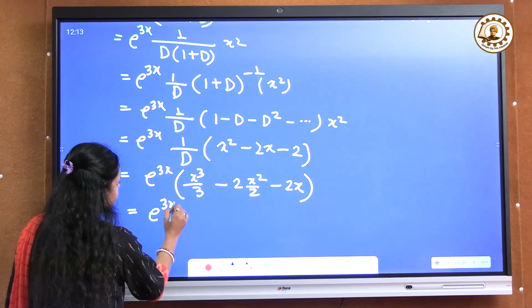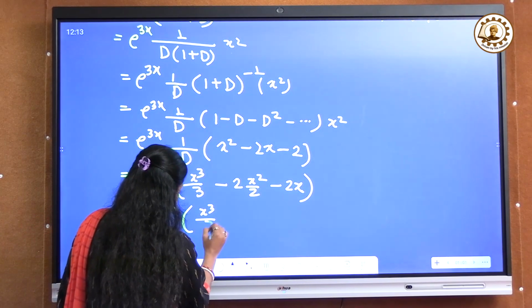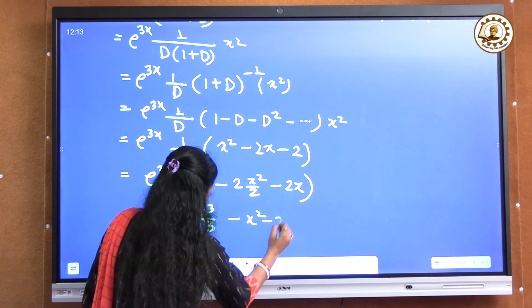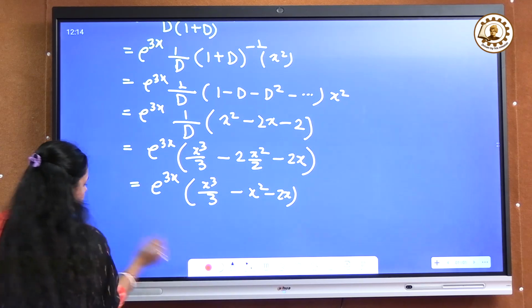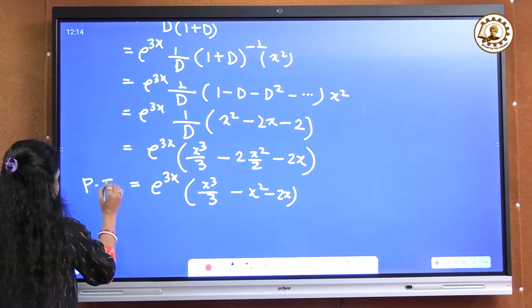Here e to the power 3x times (x cube by 3 minus x square plus 2x). So this is the particular integral.